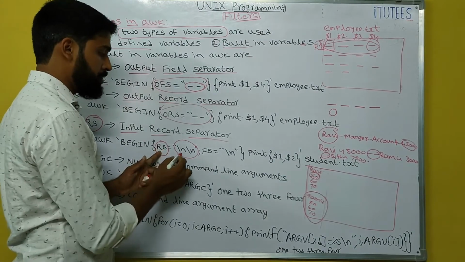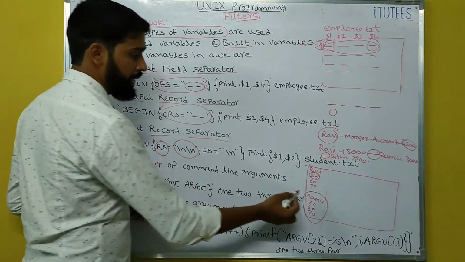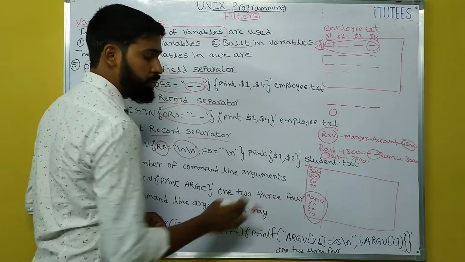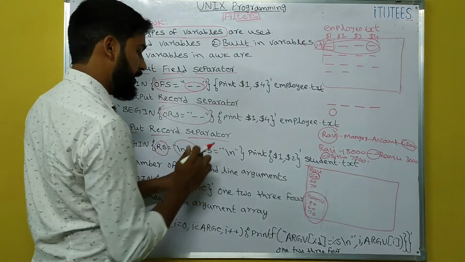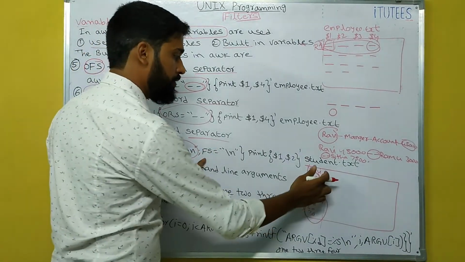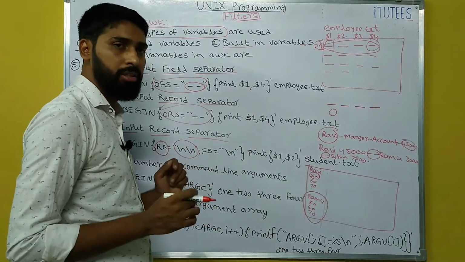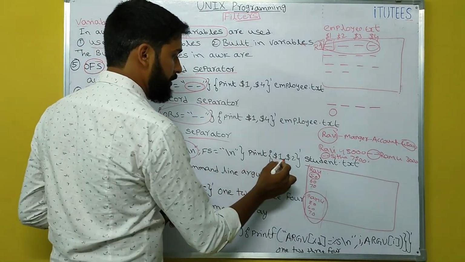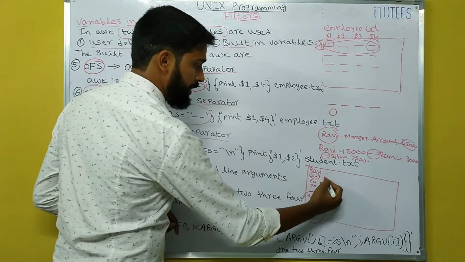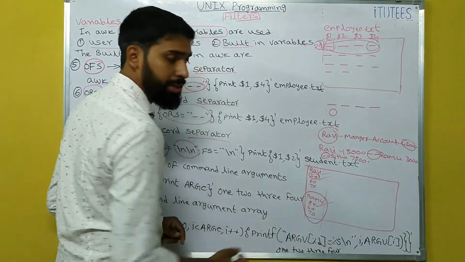BEGIN RS equals to \n\n means the record is identified when 2 new lines are encountered, and the field is identified when a new line is encountered. So print $1, $2 prints Ravi 50, Ramu 80.